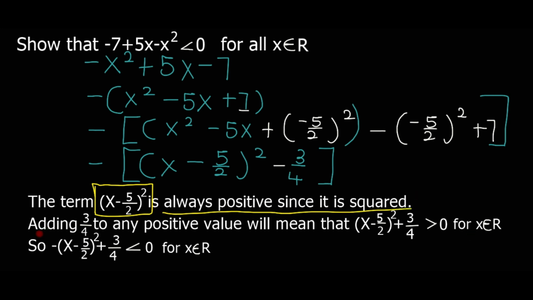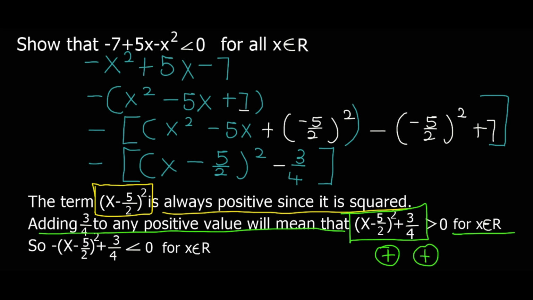And then adding 3 over 4 to any positive value will mean that this will give us positive. That is why I get greater than 0. For all x is an element of real number. Re proved already because that first part of the squared is always positive, and then because re add another positive, or always a positive.